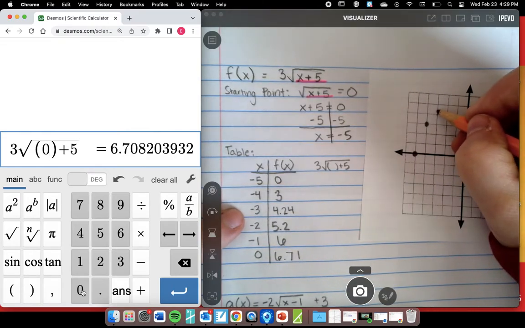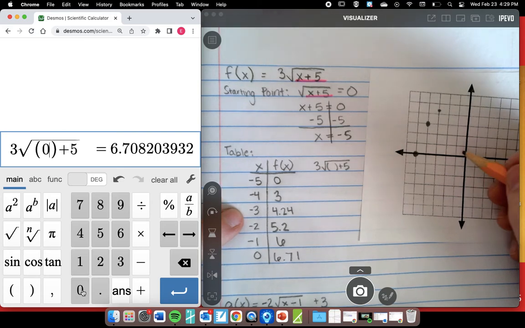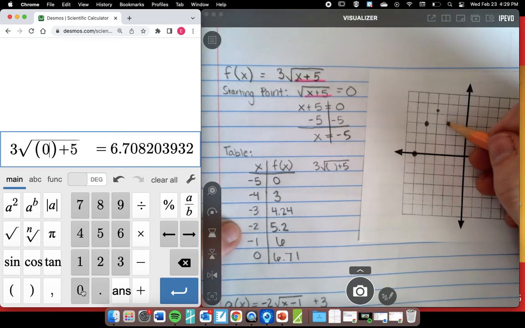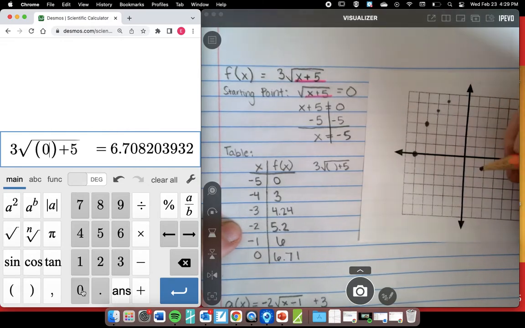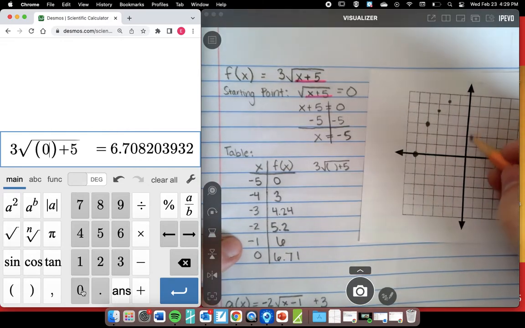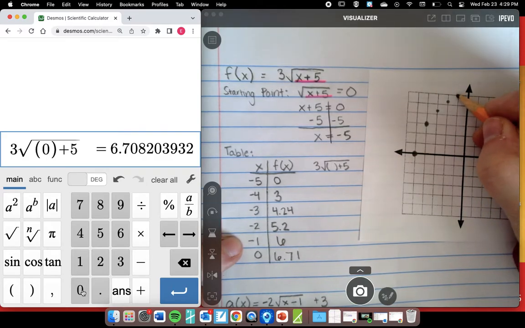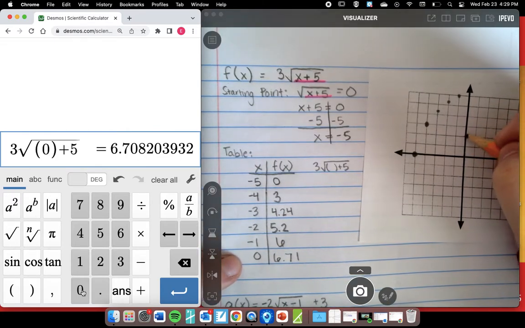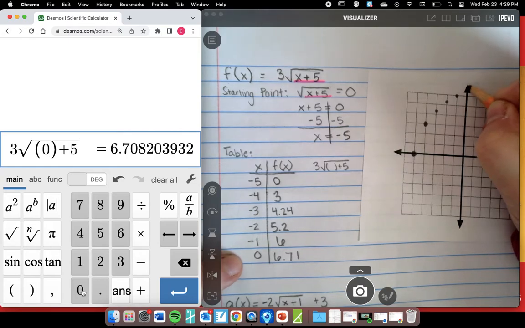And then 0.24, so not quite halfway. Negative 2, 5.2. Negative 1 is at 6. And 0, 6.71. So a little bit above, that goes off the graph.